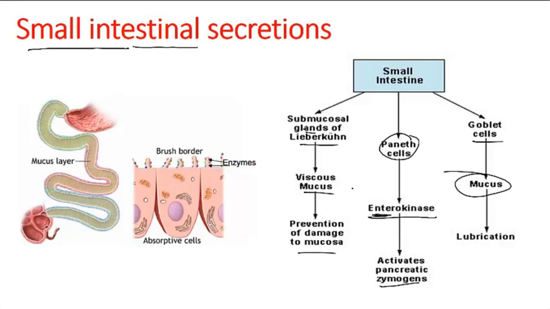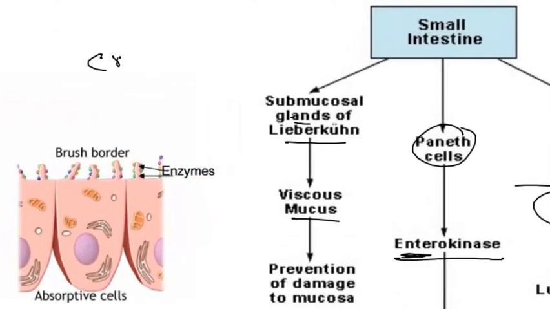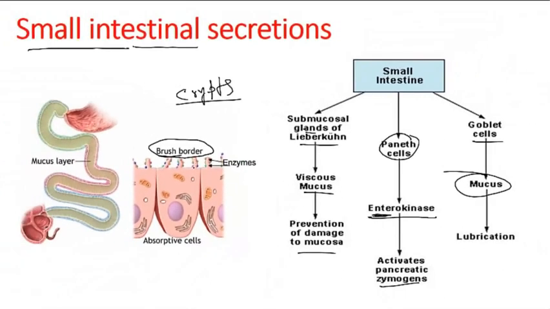Okay, if we look a little deeper, we have those intestinal glands, also known as intestinal crypts. Here you can see the detail of an intestinal crypt, where you have a brush border made up of the villi, kind of cytosolic extensions of those cells in the intestinal epithelia.